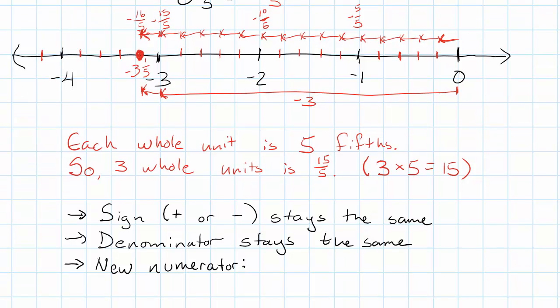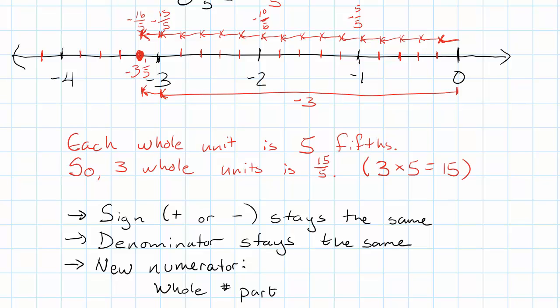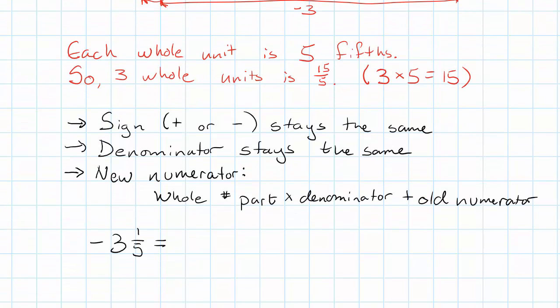To find the new numerator, we take the whole number part times the denominator, and we add in the old numerator. So in our example, the sign stayed the same, the denominator stayed the same, and the new numerator, we took 3 times 5, the whole number part times the old denominator plus the old numerator.